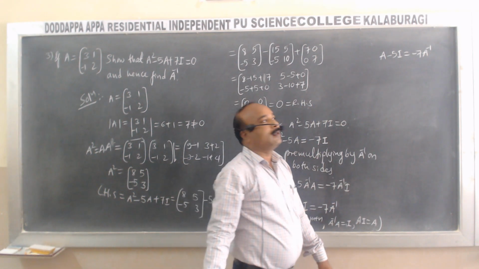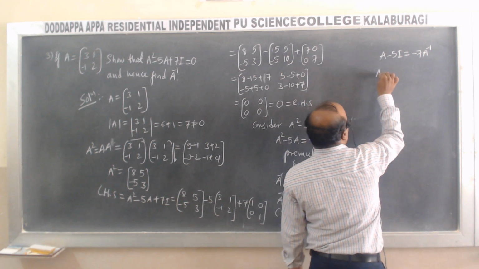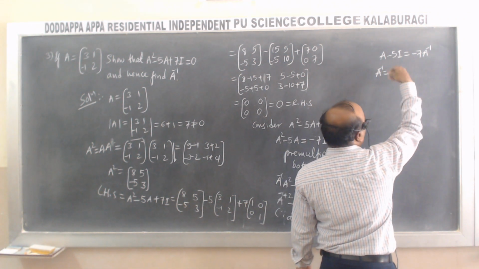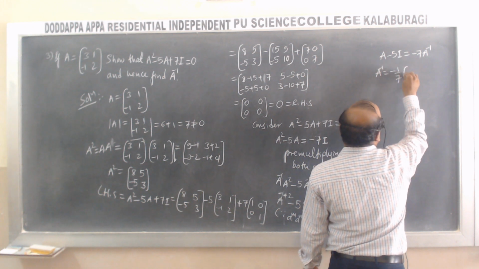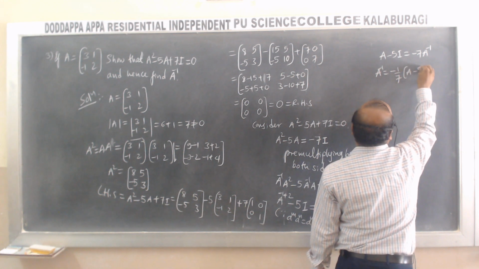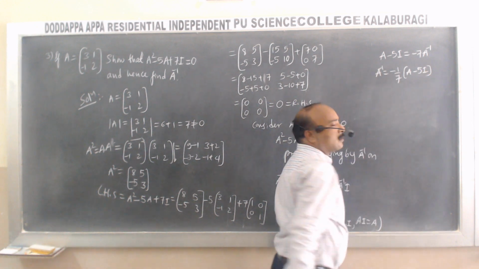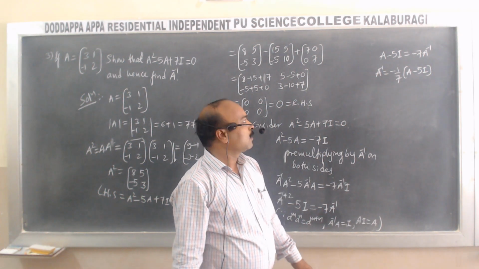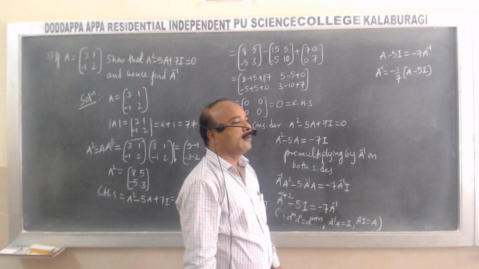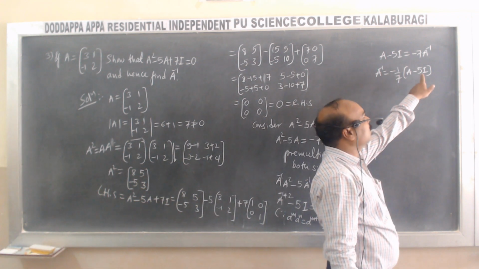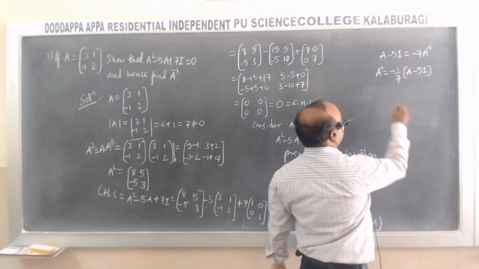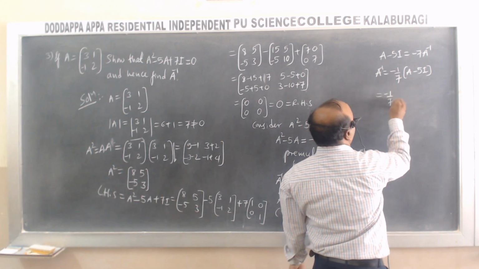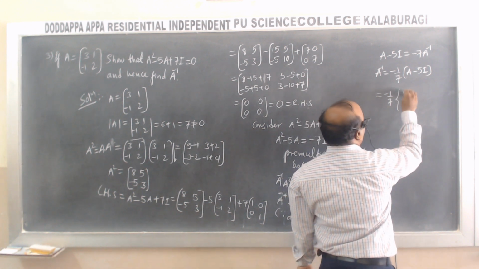Now we want A inverse. A inverse is given by, you take minus 7 to this side, we get minus 1 by 7 into A minus 5I. So it is simplified like this. Now we already know the values of A and I. I is your identity matrix, A is the given matrix. We substitute these two values. Minus 1 by 7 as it is.